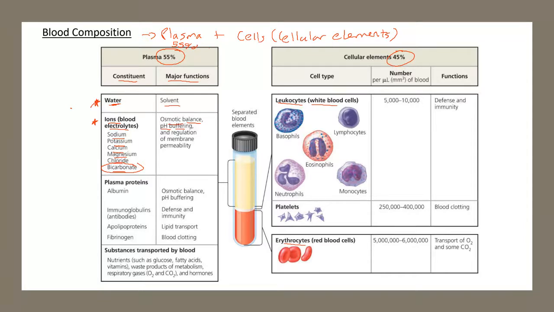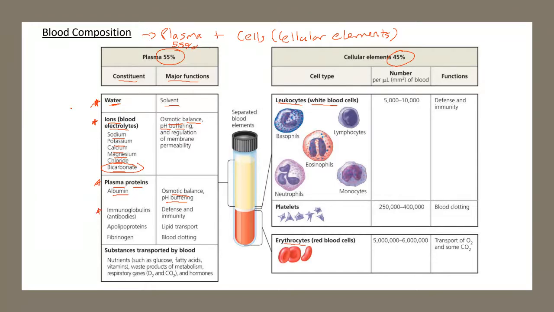Now what else is going to be in the plasma? Proteins. You have a lot of proteins. One of the most important ones is albumin. Albumin is going to help in osmotic balance, keeping the concentration of solutes and water at the right level, and also for pH buffering.